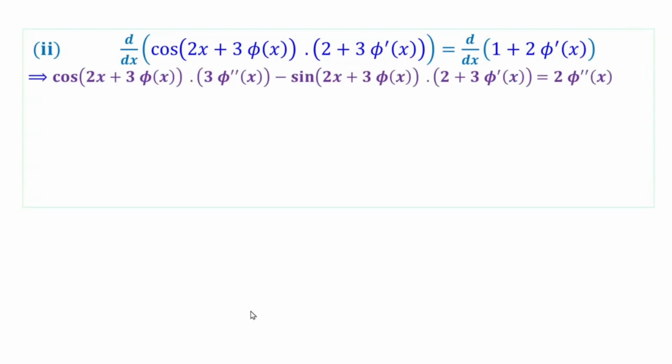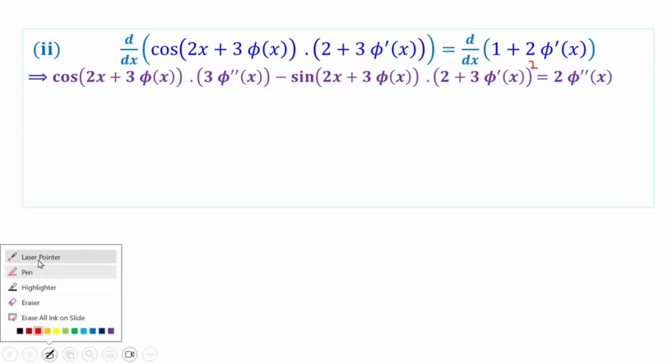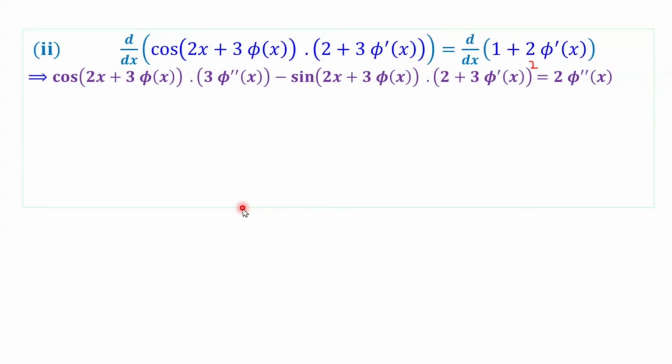We have the expression cos(2x + 3 phi(x)) multiplied by 3 phi''(x), minus the derivative of cosine, which gives minus sin(2x + 3 phi(x)), times the derivative of the inside, which becomes (2 + 3 phi'(x)) whole squared. After these simplifications, we get the result here.